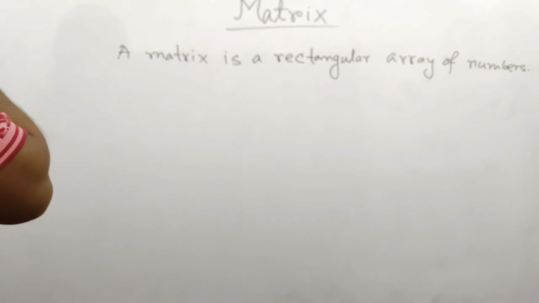This is a row matrix. And if it is like that, X1, X2, X3, this is a column matrix. So if a matrix has only one row, that is called a row matrix. If it has only one column, that is called a column matrix.